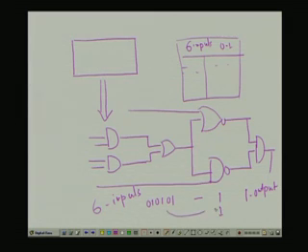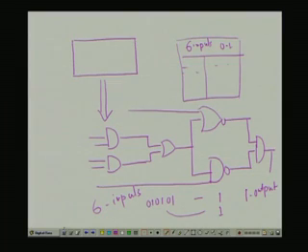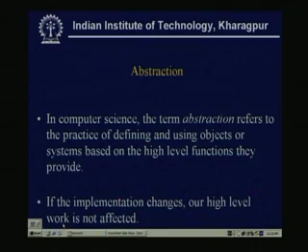Then abstraction means that how it is implemented, whether this AND gate is replaced by an OR gate, does not affect. So, this is what we call abstraction of digital circuits.